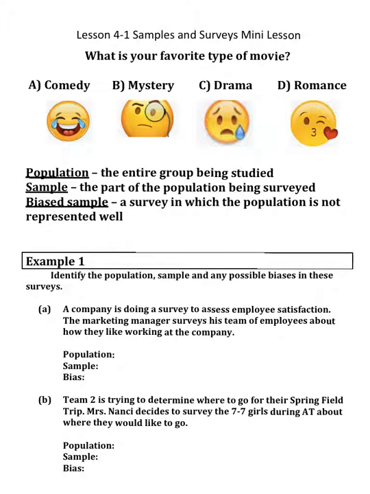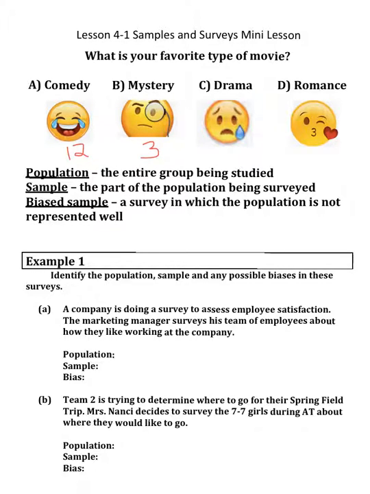So we'll start with my personal favorite, comedy. So let's say in a class of 24 students, we have 12 students who vote for comedy. Then mystery, we have 3 people who vote for mystery.